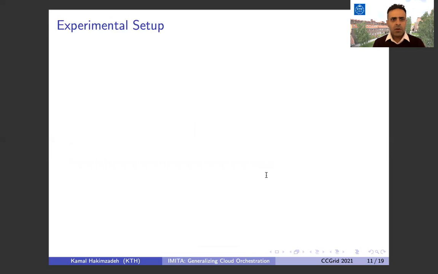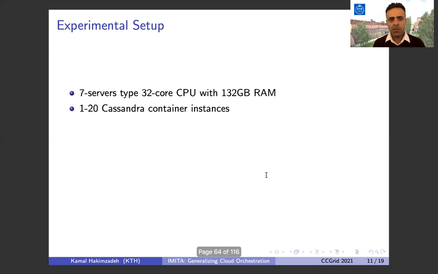And here is how we evaluate our algorithm. First of all, we run the system I explained on 7 servers with 32-core CPUs and 132 GB RAM, and we use Cassandra as our application. We scale it from 1 to 20 container instances.